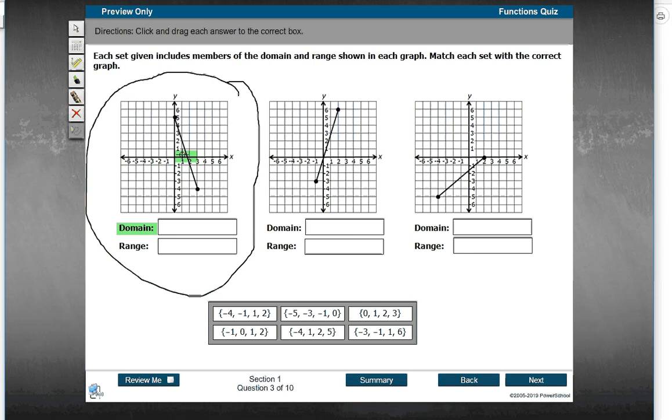I cannot pass going left. I can't go any further than x equals 0. Our graph doesn't go any further, and the same thing goes to the right. I can't go further than 3. So again, we're looking for something that would include 0 as the lower bound.